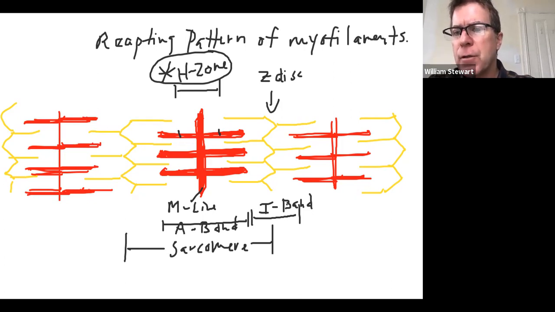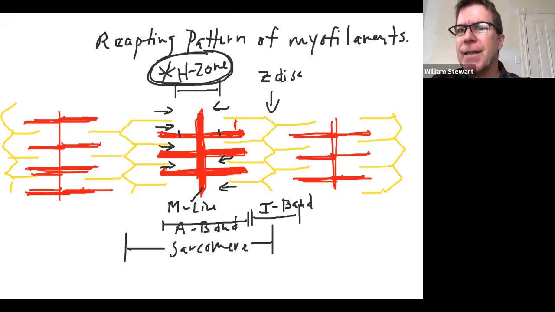So you know that when a muscle contracts, the myosin head reaches up, grabs actin, and pulls actin in this direction. And it pulls all the actin molecules on this side toward the M line, all the actin molecules on this side toward the M line. So this area, the H zone, during contraction, it shrinks. It gets narrower from actin going this way and this way.